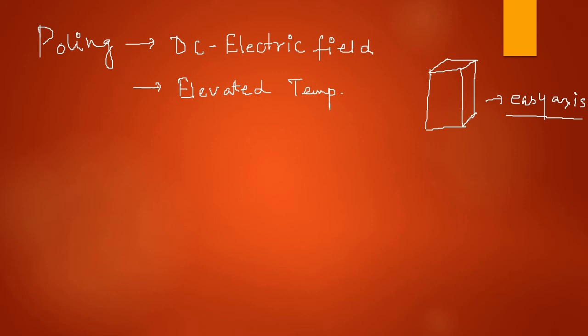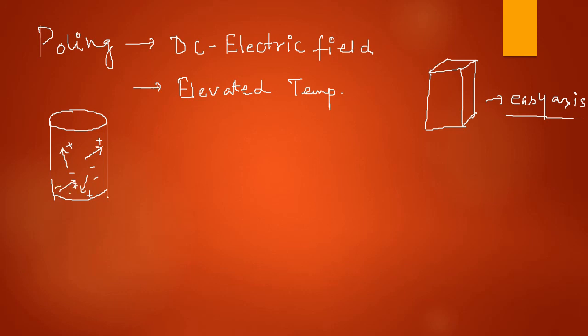So if you have a cylinder kind of material, let's say I have this kind of cylinder, and let's say these are the domains I have. So this is plus, this is minus. Let me just put arrows to understand it. Let's say this is plus, minus, plus, minus, and so on.